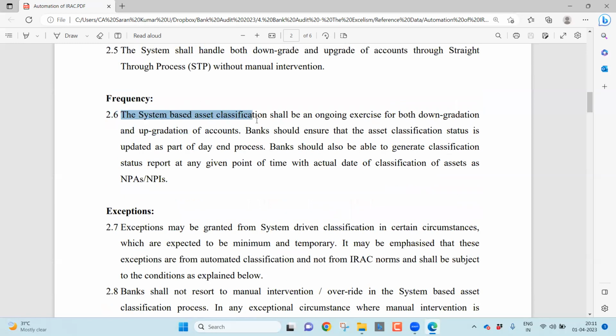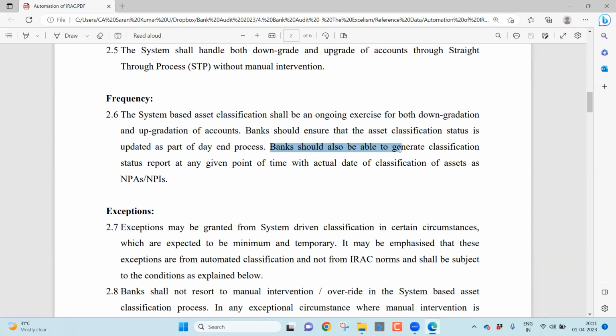The system-based asset classification shall be an ongoing exercise for both downgradation and upgradation of accounts. Banks should ensure that the asset classification status is updated as part of the day-end process.